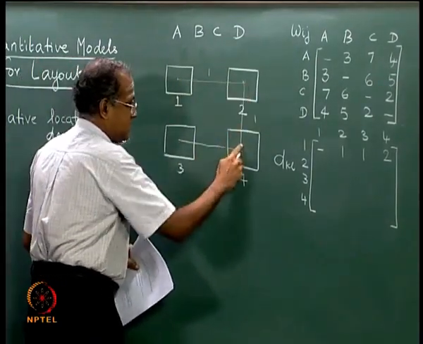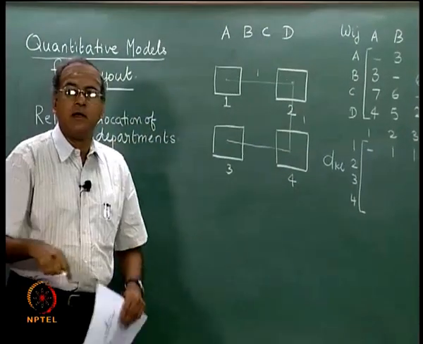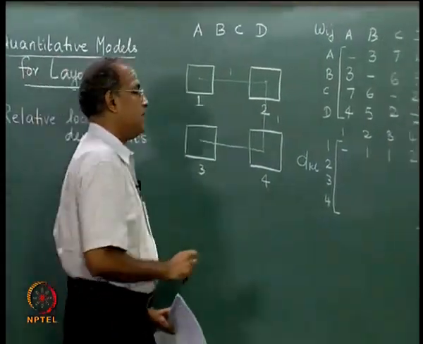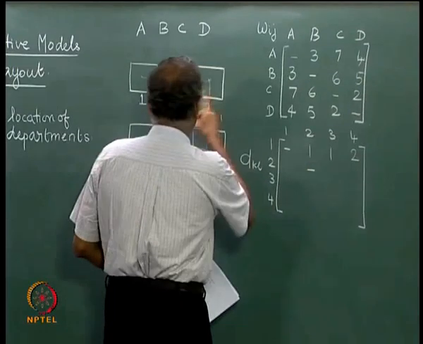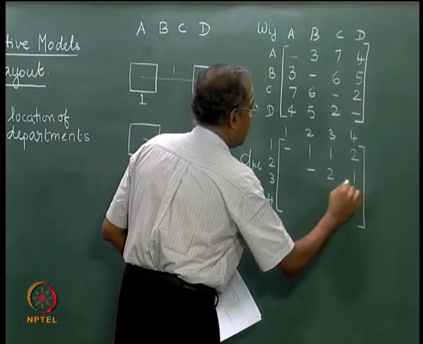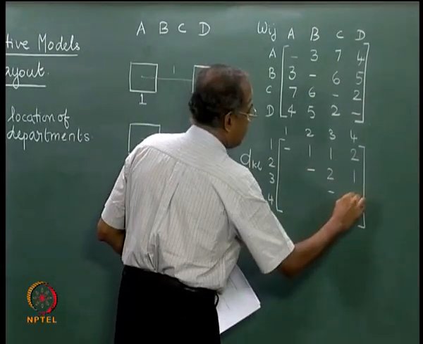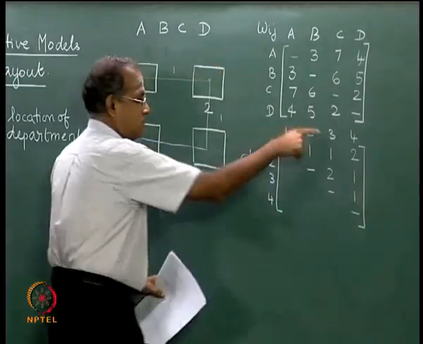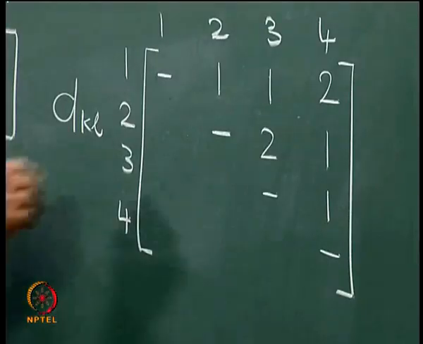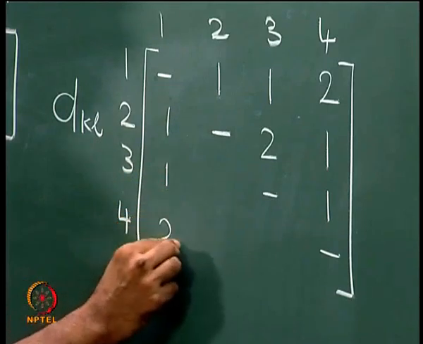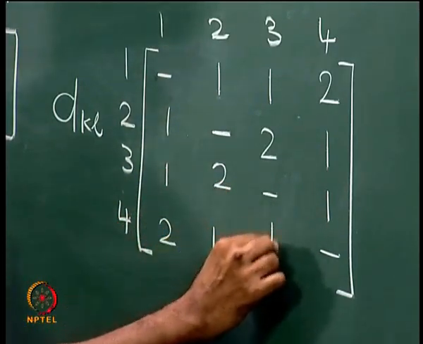So this plus this, we do not take the crow flying or Euclidean distance. 2 to 3 is 2, 2 to 4 is 1 and 3 to 4 is also 1. Obviously this one is also symmetric.